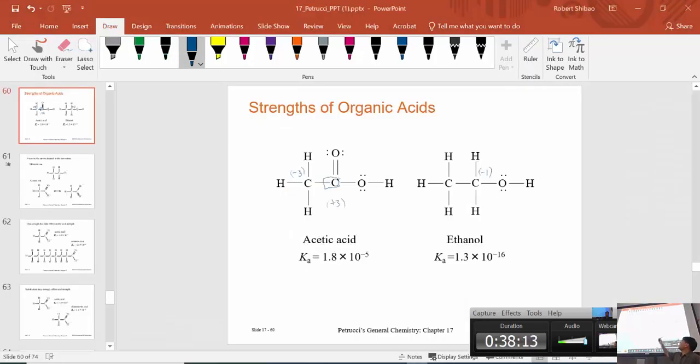So if a base were to come and pluck the proton, it'd be very difficult, but a base could do it. If a base comes along and plucks that proton off ethanol, we form ethoxide. So ethoxide, methoxide, all the alcohols are similar in that sense.